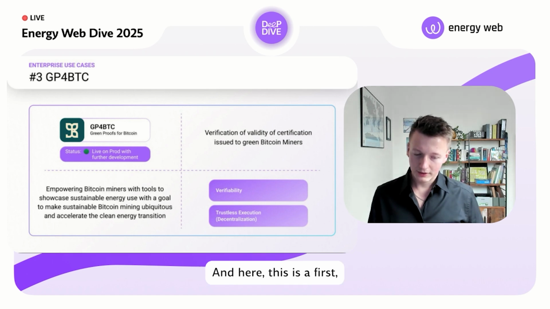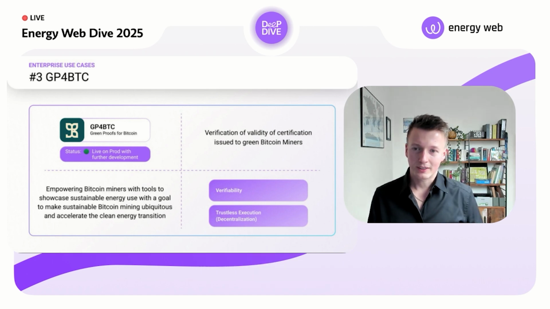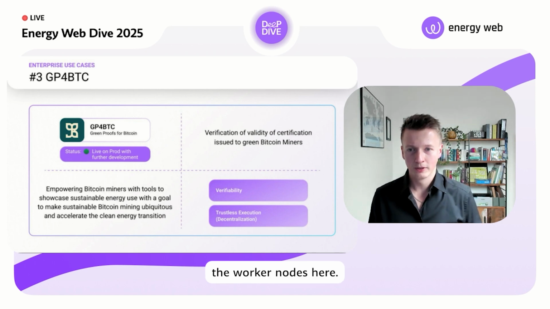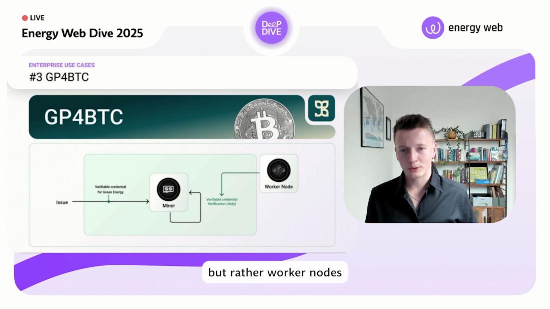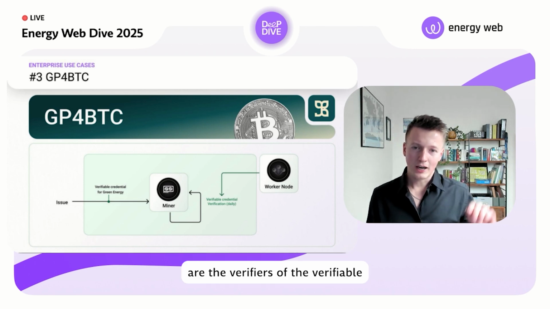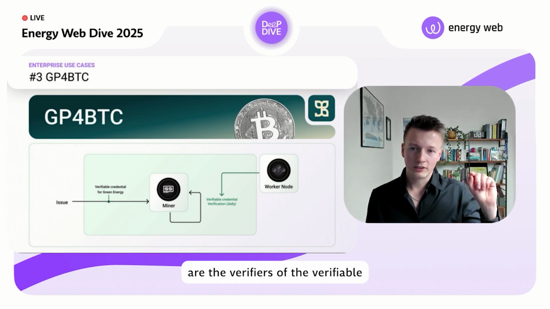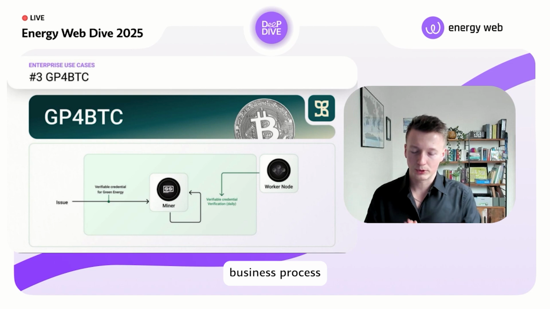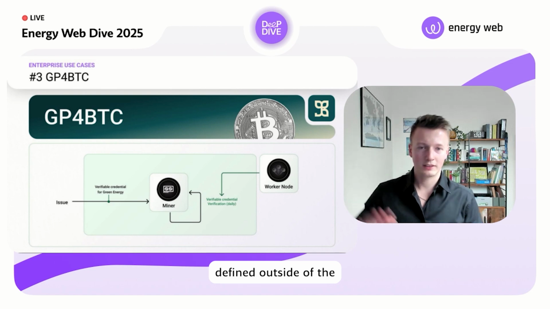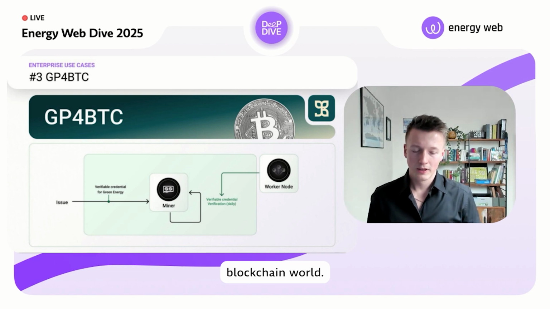And here, this is a first slight change in how we are using the worker nodes, because here we are not operating on the certificates, but rather the worker nodes in the picture are the verifiers of the verifiable credentials that those Bitcoin miners get based on, let's say, a business process defined outside of the blockchain world.